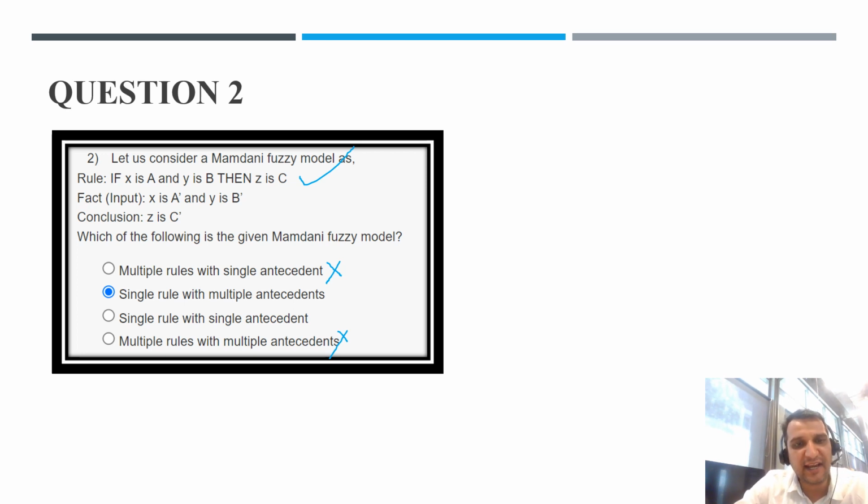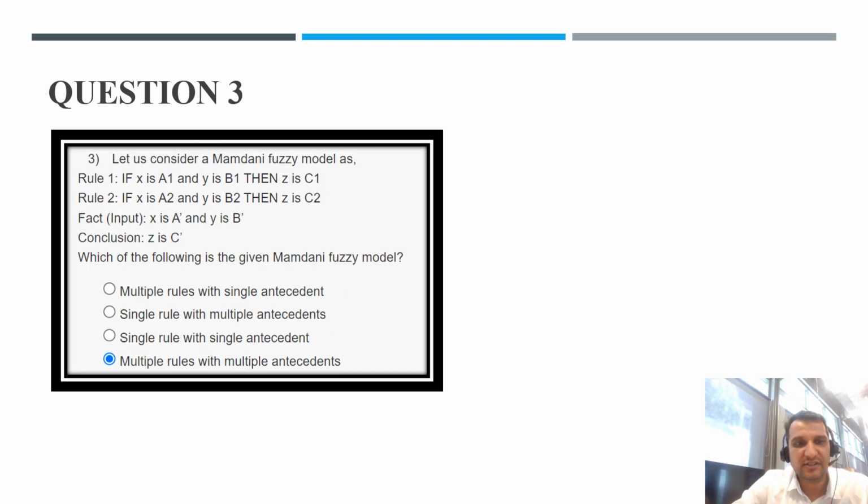If x is A and y is B, it means there are multiple antecedents. Only if the question were like this: if x is A, then z is C, then it would be single rule, single antecedent. But in this case, if x is A and y is B, it is the case of multiple antecedent. There is only a single rule but with multiple antecedents.